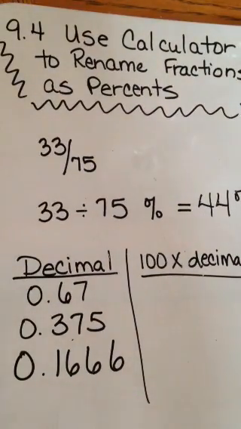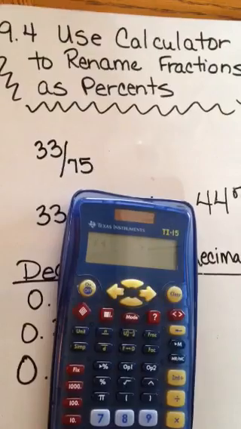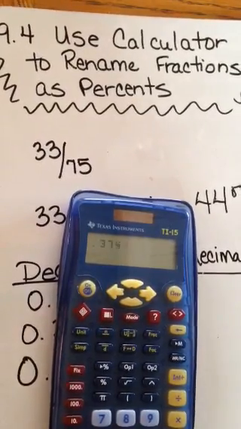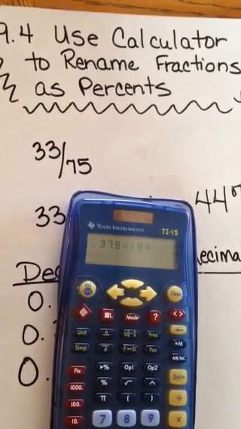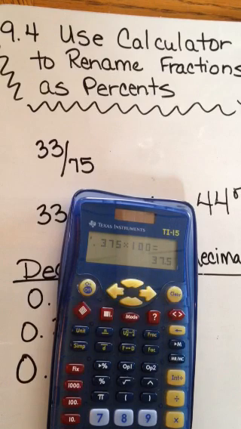Okay, we're going to do the same thing with 0.375. So I'm going to enter that. Now for this one, notice that I have 37 and 5/10.